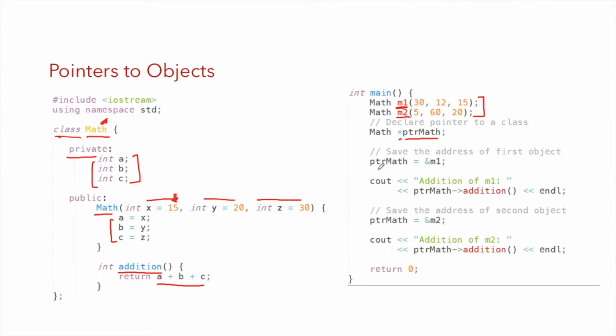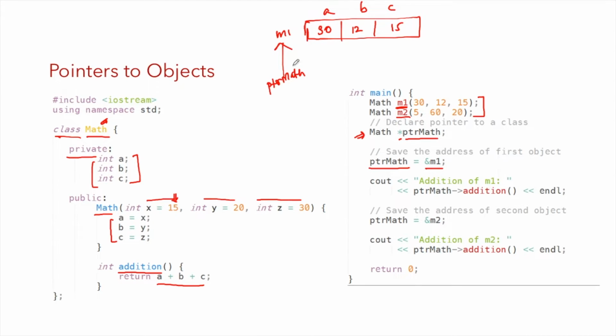Then what I'm doing is I'm pointing ptr math, which is my pointer to object, to the address location of my first object m1. Okay, so inside of memory, when m1 is created, let us assume that a, b, c for object m1 have got these consecutive spaces, and we have initialized values 30, 12 and 15 at these address locations, and because of this statement I have created one pointer which is going to point to my m1.